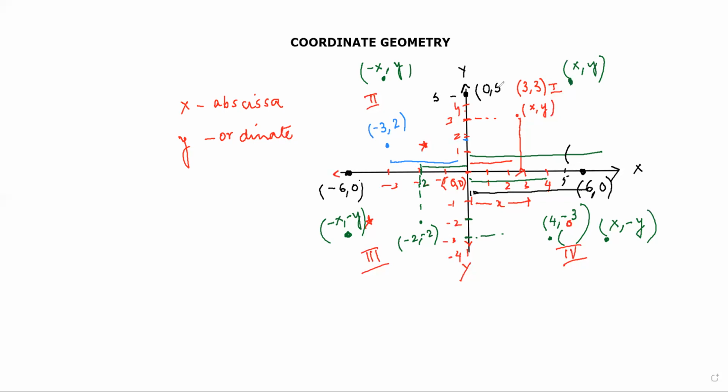So the coordinates of this point are 0, 5. Right? And similarly, in the south, if I ask what is this point, you can tell me that x is 0 and y will be -5. So this point is on the y-axis with the coordinate 0, -5.